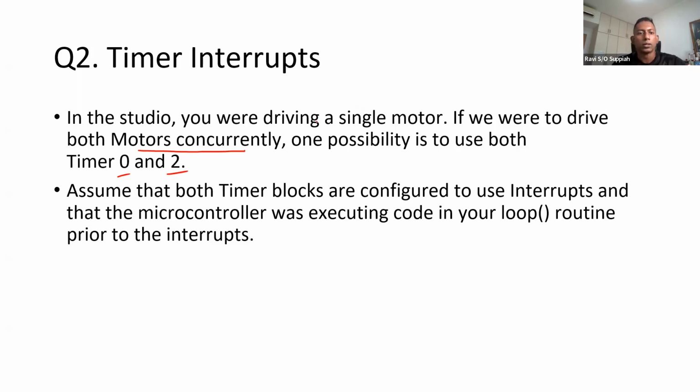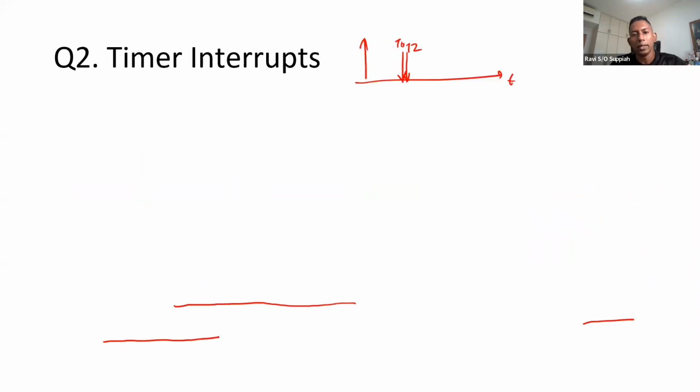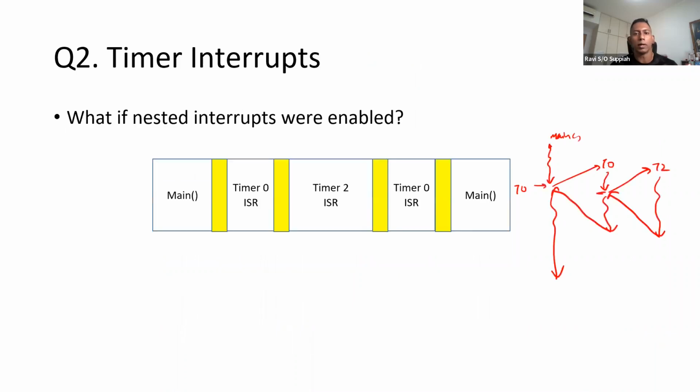So with that understanding, will the behavior of the motors be affected? Will the behavior of the motors be affected by the way these ISRs are happening? That means timer 0 ISR first, followed by timer 2, or if I enable nested interrupts, timer 0, then timer 2, then timer 0.